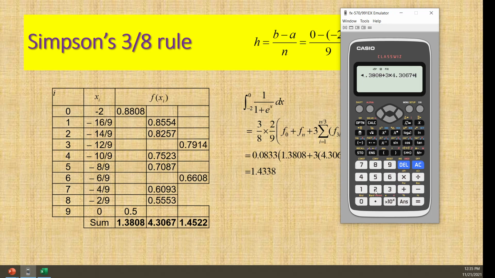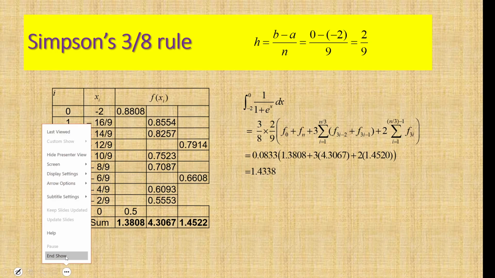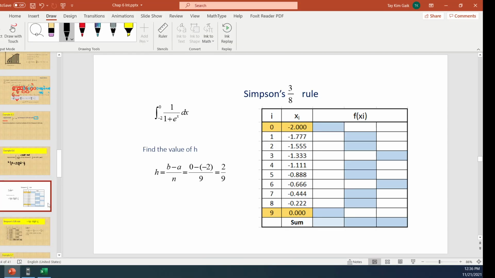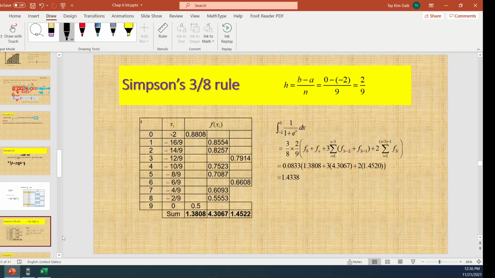The last column is 2 times, same as Simpson 1/3, 2 times 1.4522. Calculate in one step, and you get 1.4338. Compare with the exact solution just now: 1.4338. So the error is actually 0.